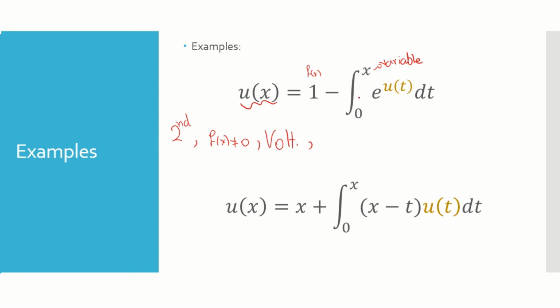Inside the integration, our kernel is 1. The 1 here is non-singular from 0 to x at any point in this interval, and in this interval none of its limits is equal to infinity or minus infinity, then it's non-singular.